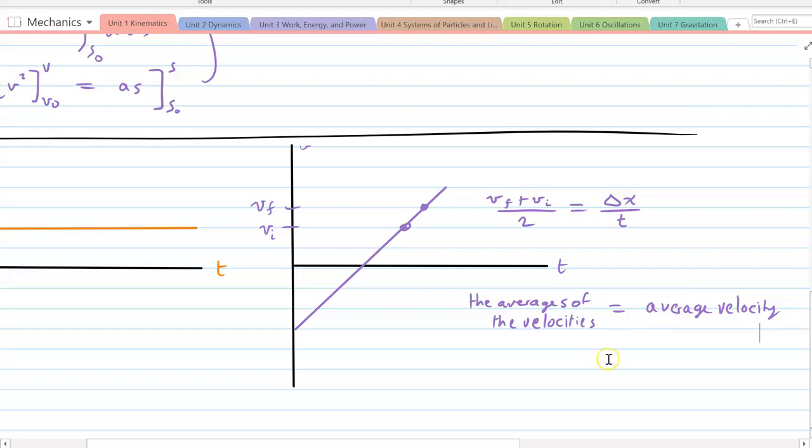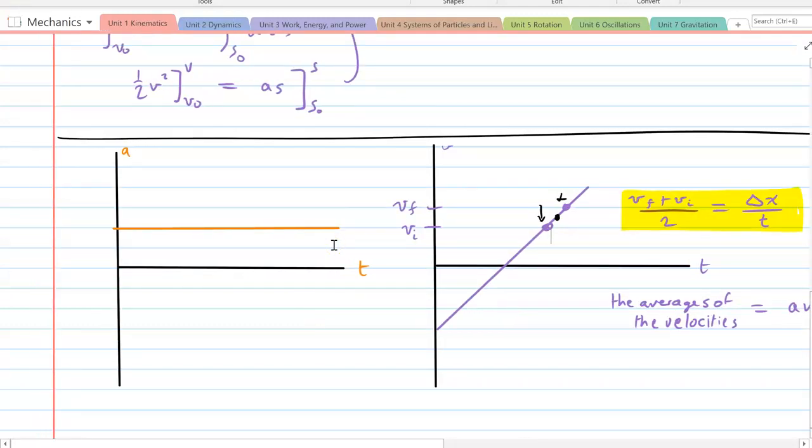And this is basically the fourth one that often gets left behind. It's this one, and this is true. The average of the velocities does equal average velocity. You take the average velocity from here to here, you get somewhere in the middle, which is the average velocity.